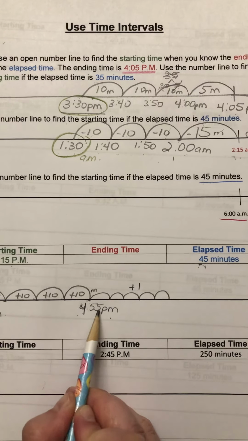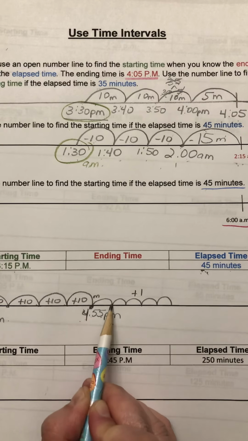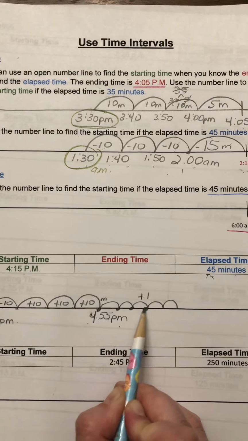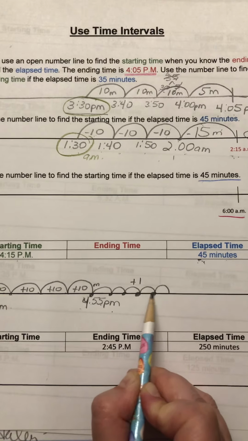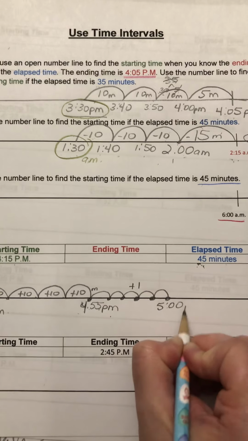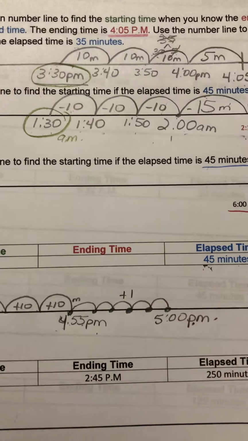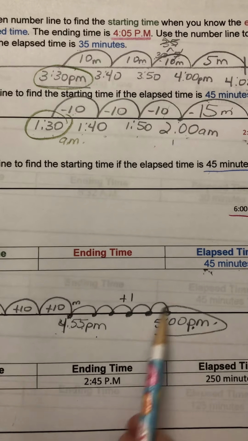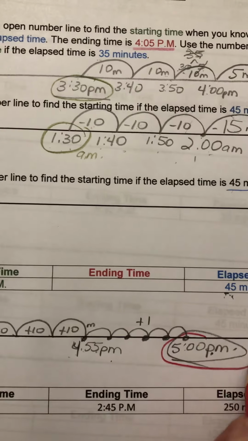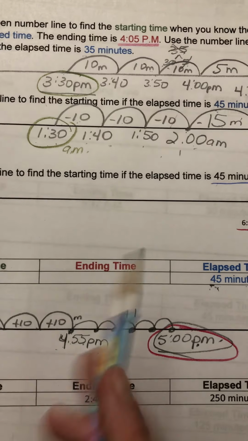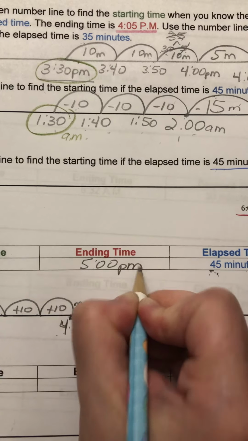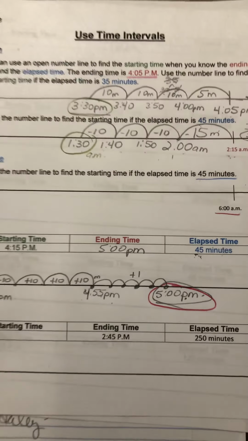So if this is 4:55 right here, this would be 4:56, 4:57, 4:58, 4:59, and I'm landing at 5:00 p.m. And then so this is my ending time. I'm going to go ahead, circle it in red, and then I can write 5:00 right inside my ending time.